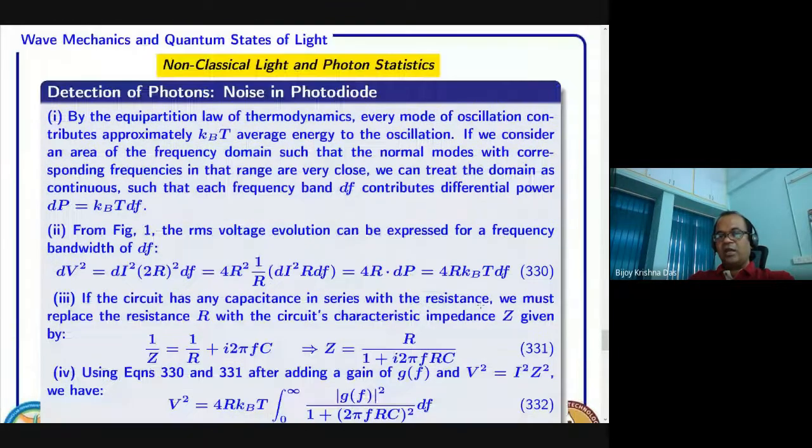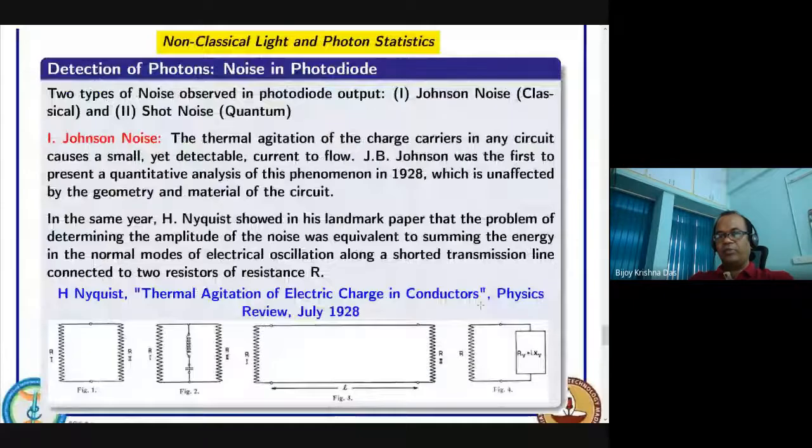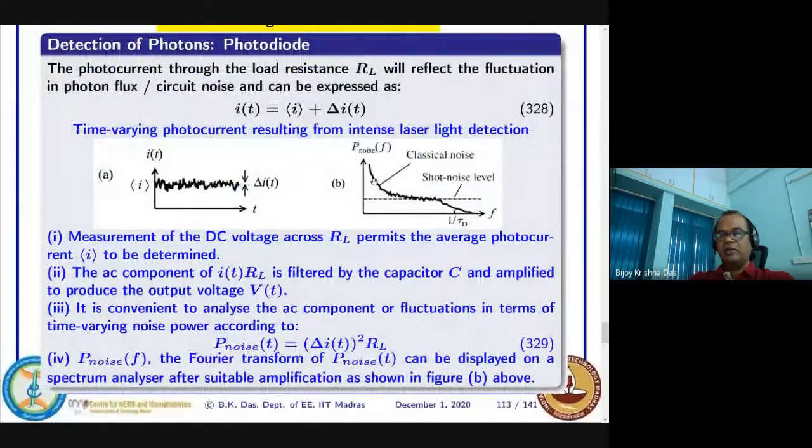So if you go back to that graph again, we say that this is a classical noise. As a function of frequency, that expression also shows that the noise will be reducing as frequency is very high.